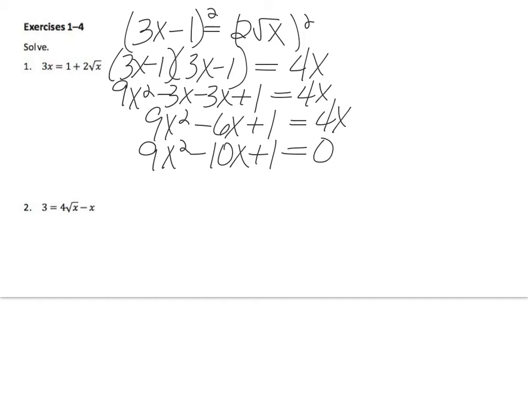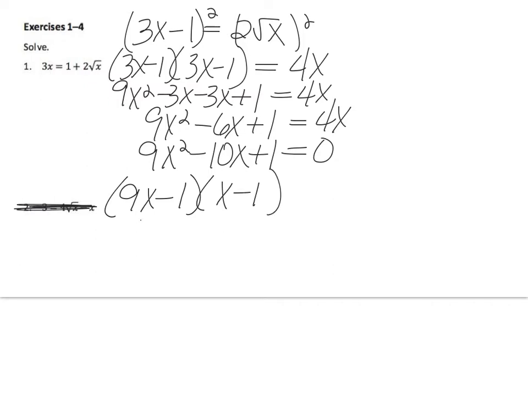Now we need to factor this. To factor, I have 9x minus 1 and x minus 1.